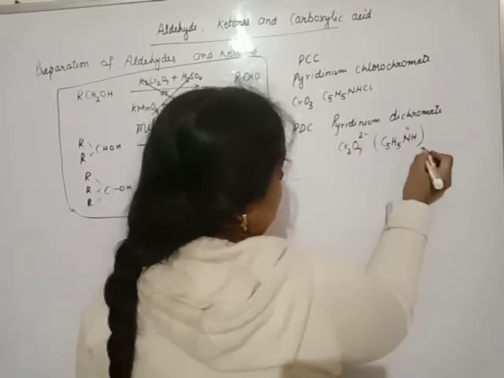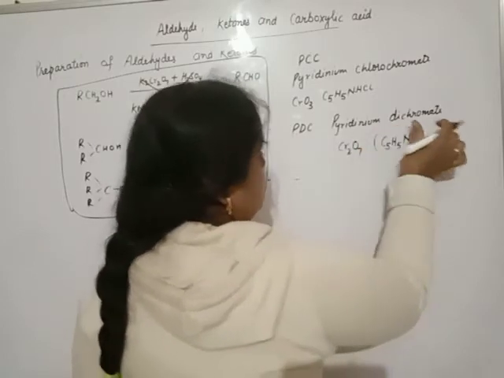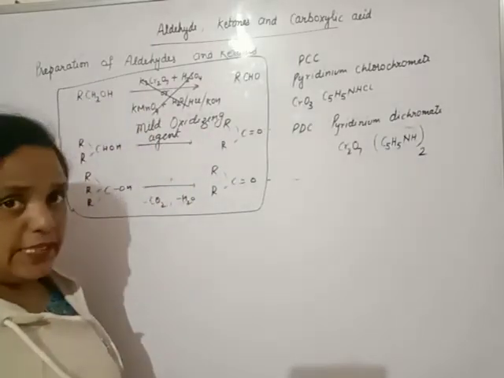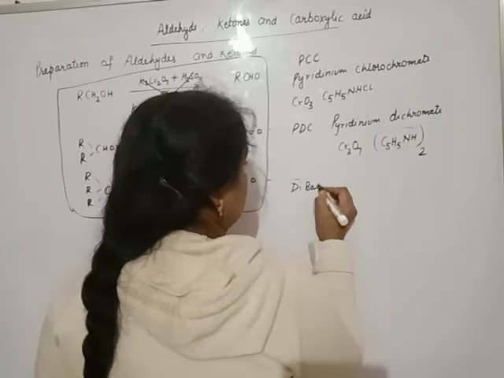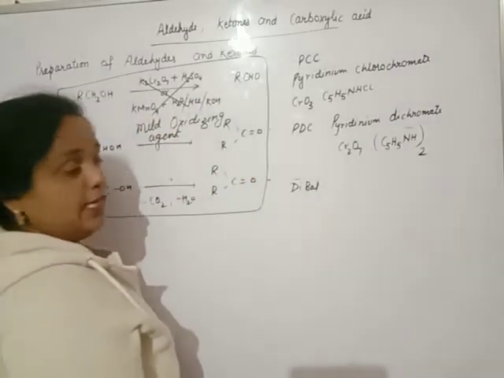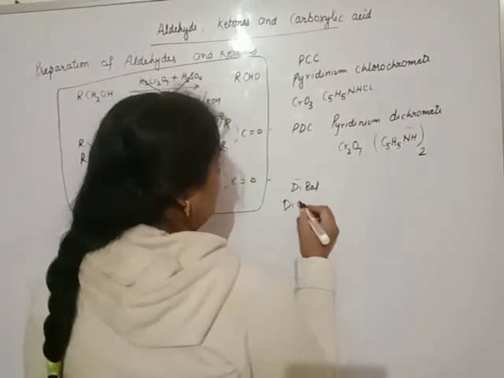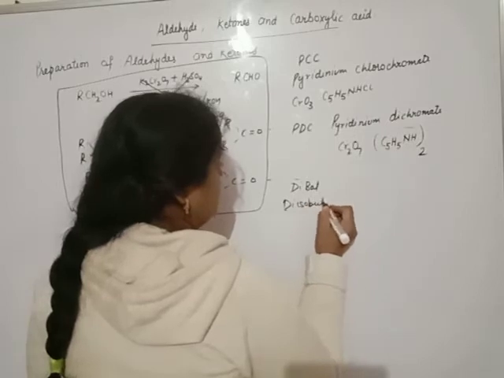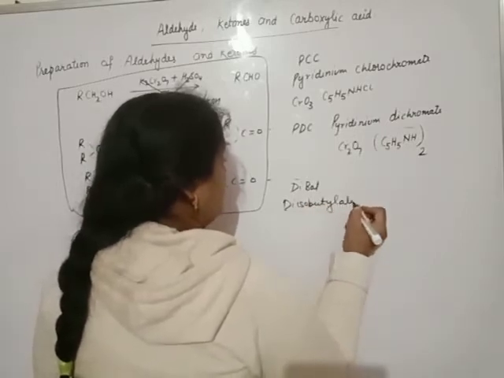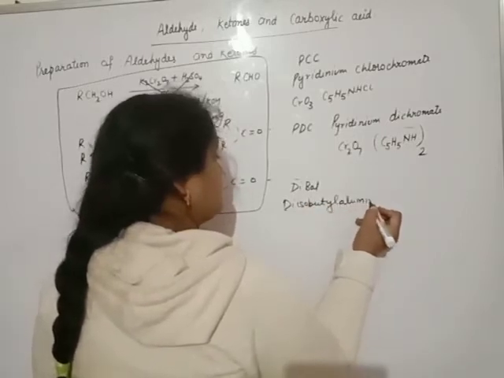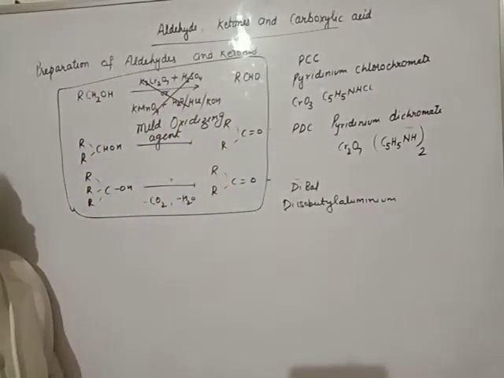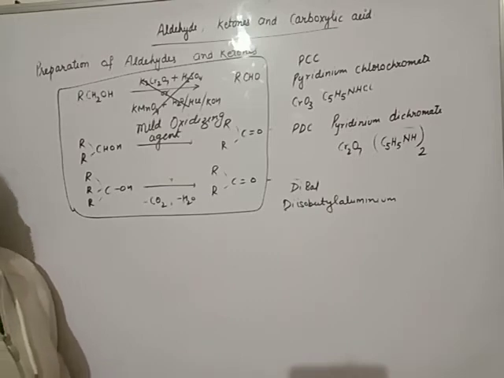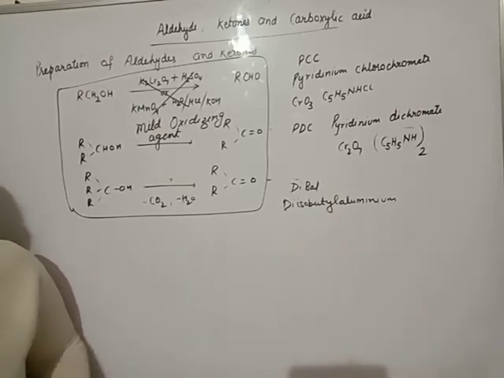To balance the charge, it is removed. PDC, DIBAL, diisobutylaluminium hydride, etc. These are the reagents which stop the reaction at aldehydes and ketones only.